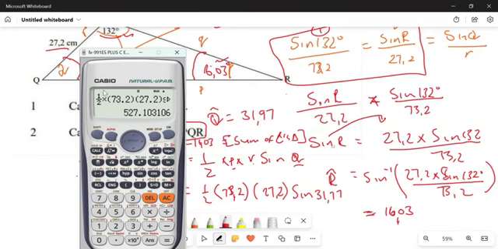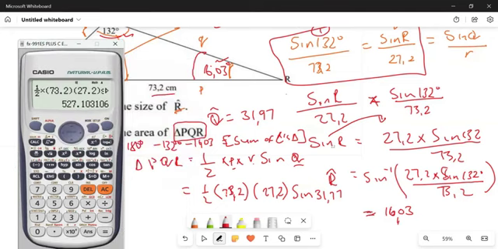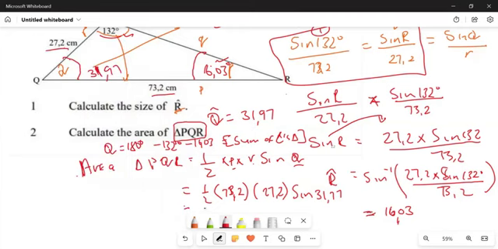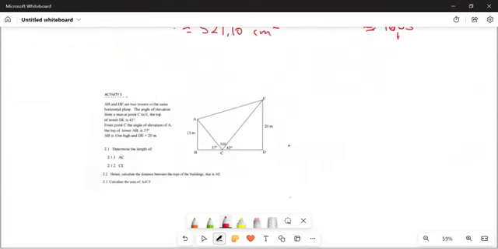What do you get there? 527,10. Because this is an area, it's going to be centimeters squared. So the area is 527,10 centimeters squared.